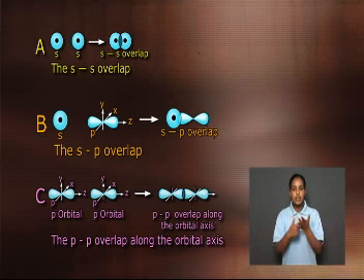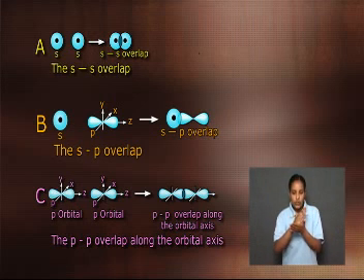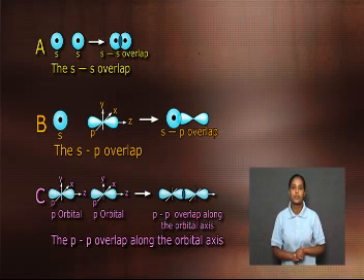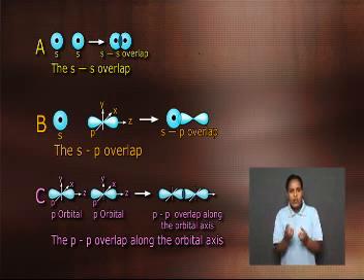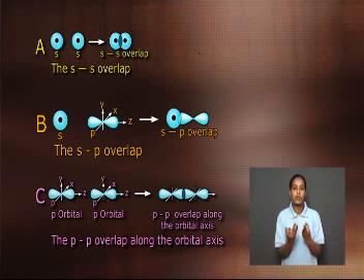This is because atoms need orbital overlap in order to share electrons and form bonds. There are several different types of atomic orbital overlap that lead to the formation of covalent bonds.